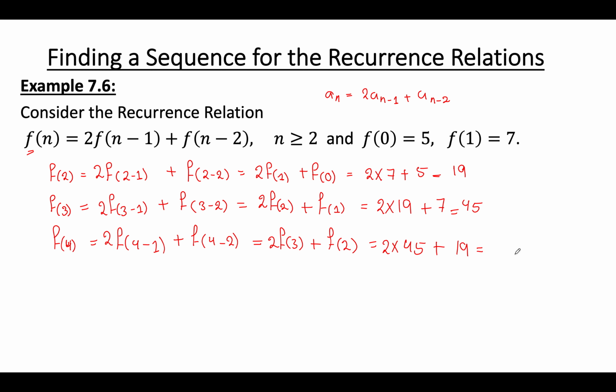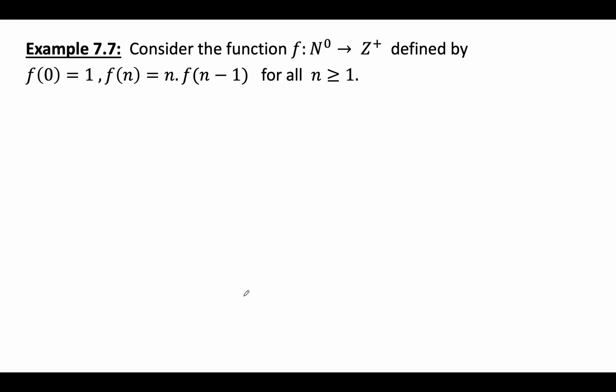And here we got that it is equal to 109. So from the recurrence relation mentioned here, I can have the sequence as 5, 7, then 19, 45, 109, and it can be continued. Okay?